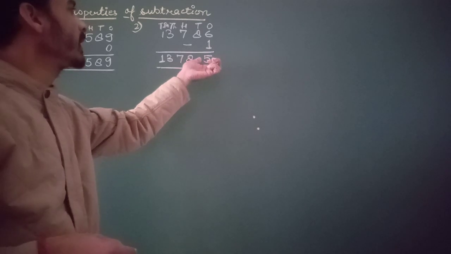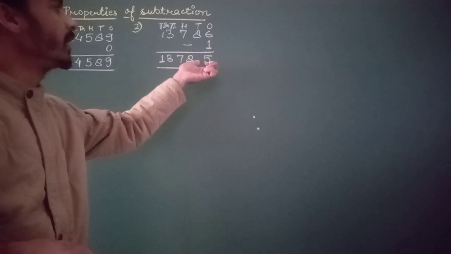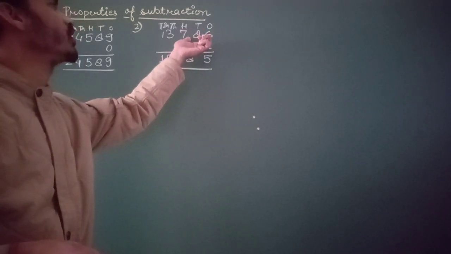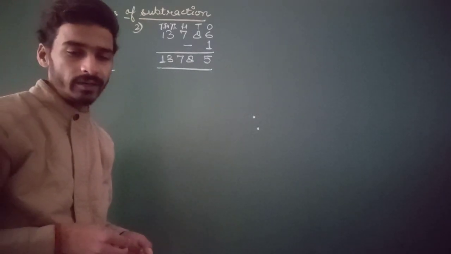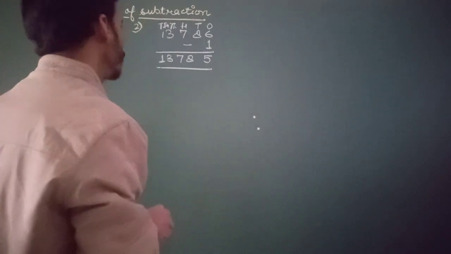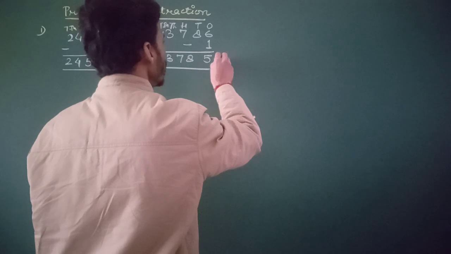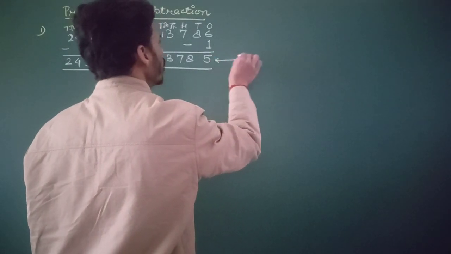So we can say that 13,785 is the predecessor of 13,786.